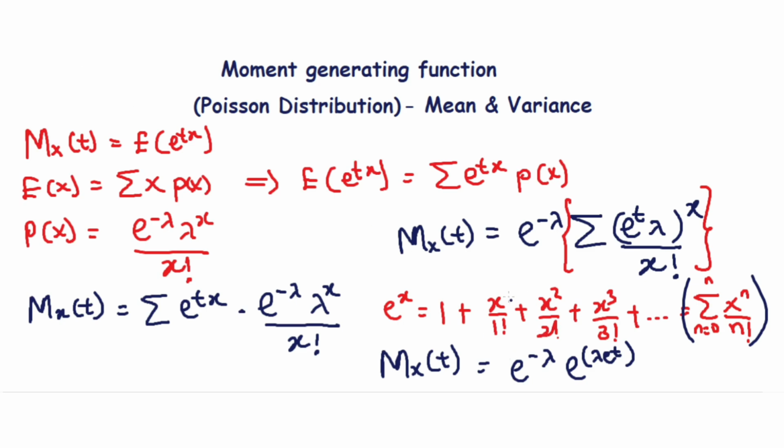Because if I fit in all of this to be e raised to the power of t, and this changes to e raised to the power of t lambda, then I will get this one.